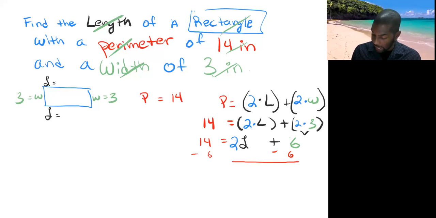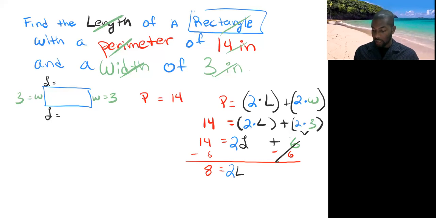14 minus 6 is 8. 8 is equal to 2 times L. I'm going to write the L normally. 6 minus 6 is 0, so that cancels out. And now I have 8 equals 2 times L. How do I get rid of multiplication? Well, I divide. I'm trying to find out what L is, the length, so I divide by 2.